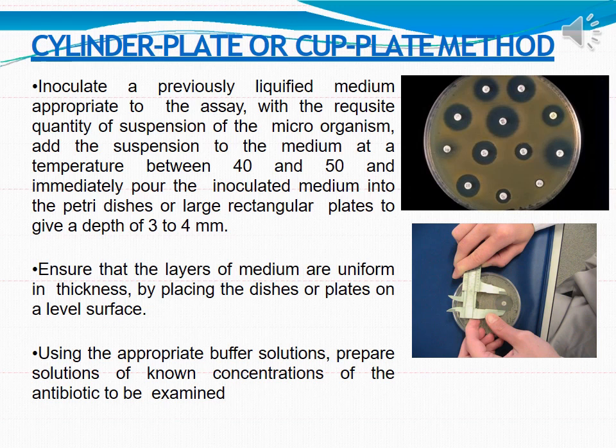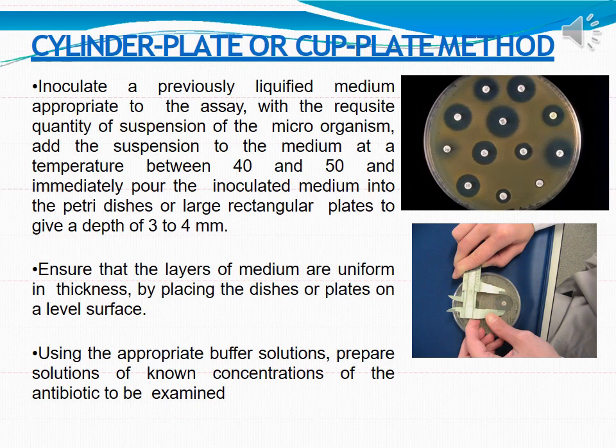That zone is created because the antibiotic has killed the microorganisms in that particular area. It is very obvious that if the antibiotic has more activity, your zone of inhibition will be bigger. If your antibiotic has lesser activity, your zone of inhibition will be smaller.